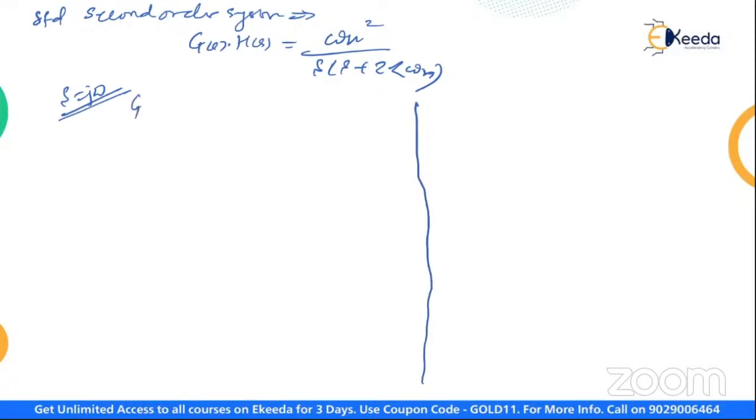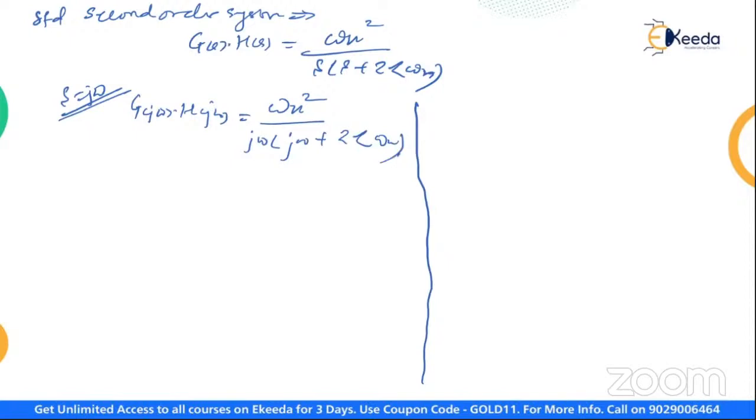Yes. So let us consider G of j omega, H of j omega equal to omega n squared, with S replaced by j omega, you get j omega plus 2 times zeta omega n.